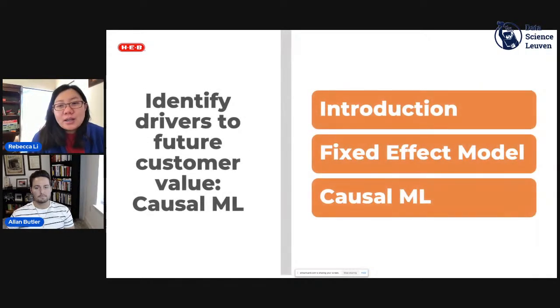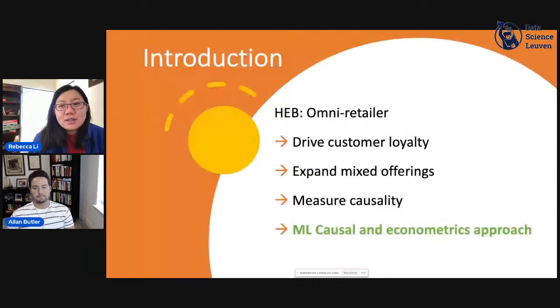Let me give a quick introduction on why causal inference is very important to HEB. HEB is a Texas-based grocery retailer in the United States. In order to keep HEB competitive, one of our missions is to deliver great customer experience consistently and drive customer loyalty.